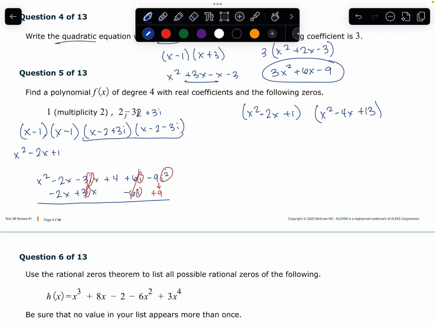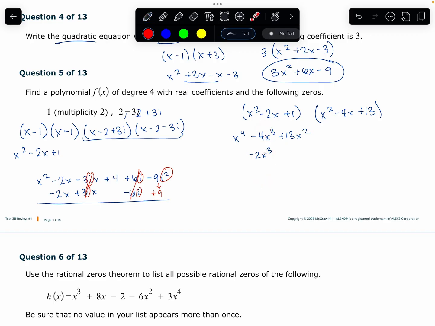So x squared times x squared is x to the fourth. X squared times negative 4 is negative 4x to the third. x squared times 13 is positive 13x squared. Negative 2x times x squared is going to be negative 2x cubed. And notice how I like to stack like terms.